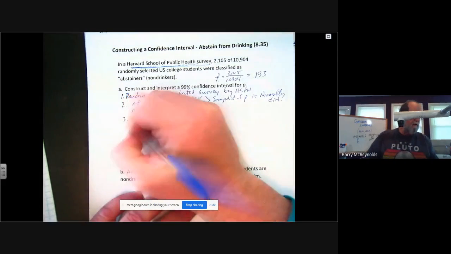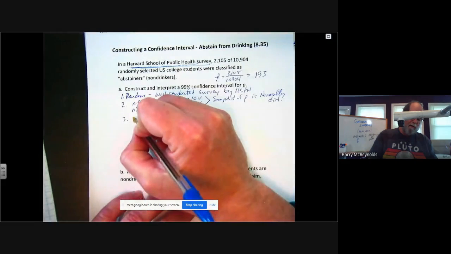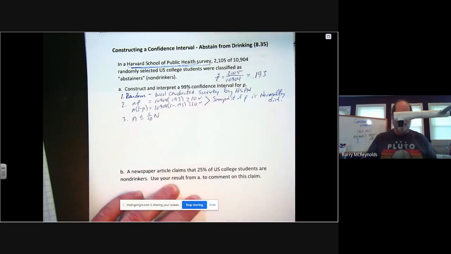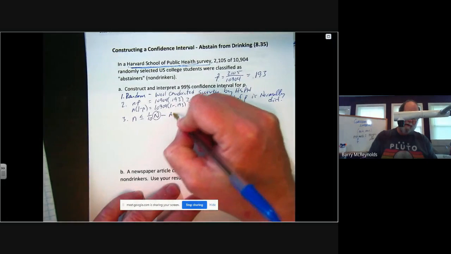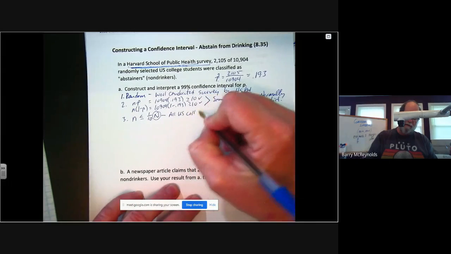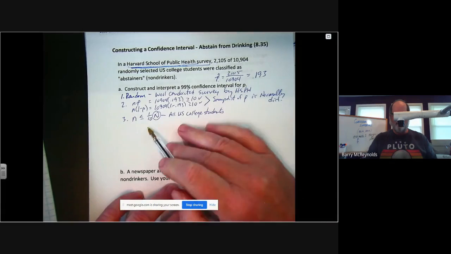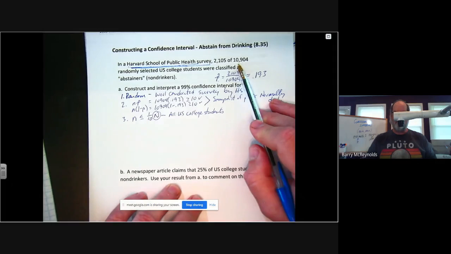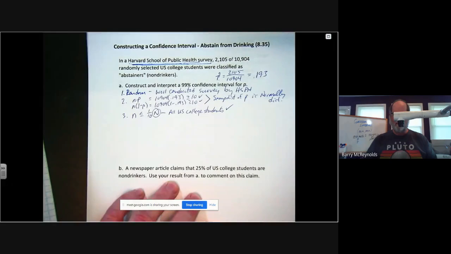And then the last thing we need to talk about is the 10% condition. Is the 10% condition met? Is n less than 1/10 the population? Well, the population here is all U.S. college students, and we're pretty sure there's more than 110,000 college students in the U.S. So 10,904 is less than 10%, and we're going to go with that.